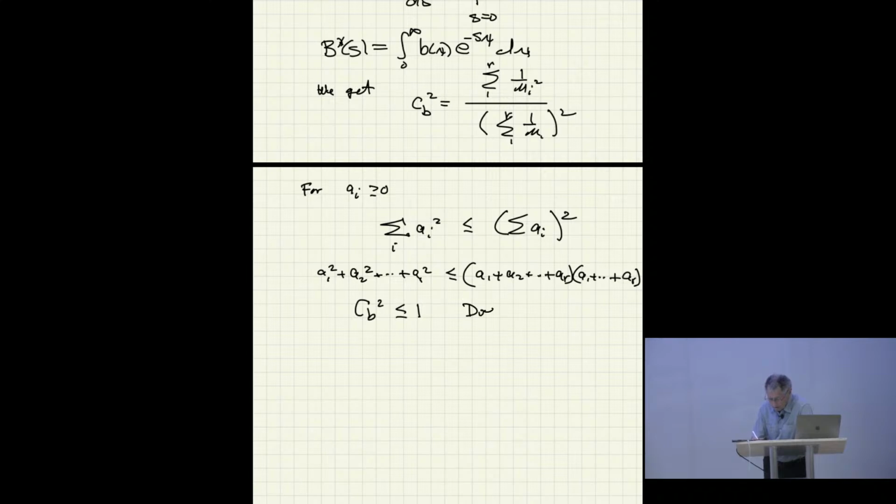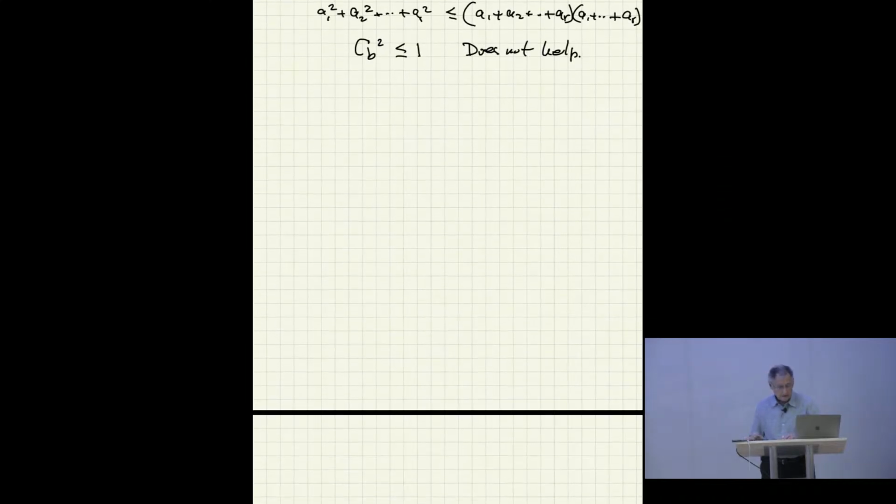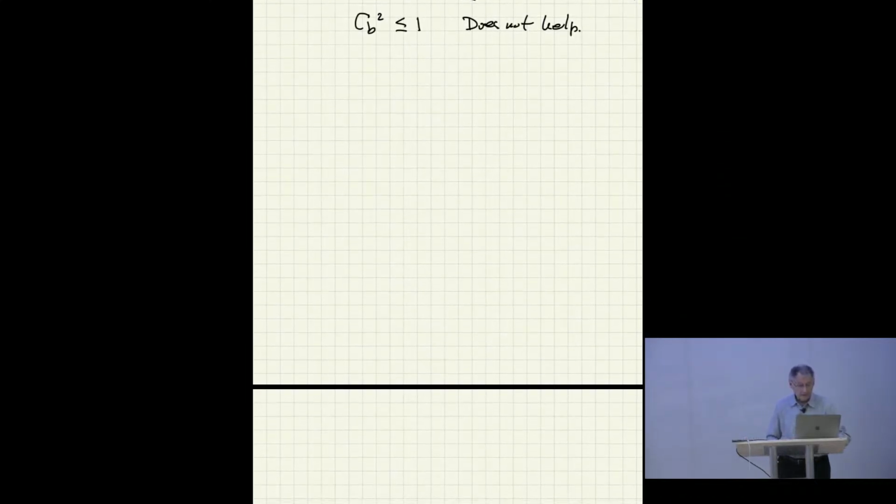Does not do the job that we want. Does not help. So I took you down that garden path just to show you it doesn't work. Okay? So sending customers through a series of exponentials is not doing it. CB squared is still less than 1.